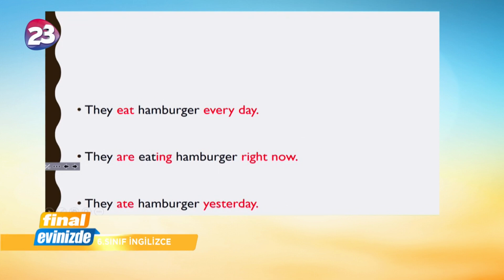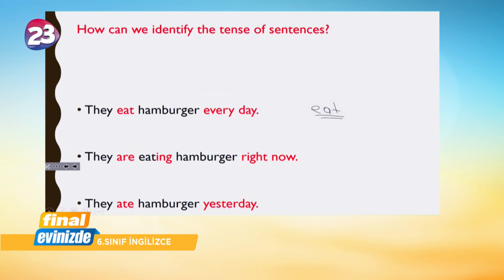Now, here we've got 3 sentences, and I have used the verb eat, okay? You are going to see the different forms of the verb. Now here we've got a question. How can we identify the tense of these sentences? If you want to know that, first you need to check the form of the verb.